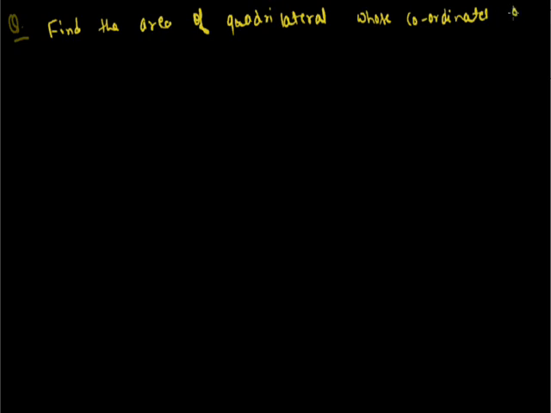Find the area of quadrilateral whose coordinates of vertices are (minus 3, 2), (5, 4), (7, minus 6) and (minus 5, minus 4).